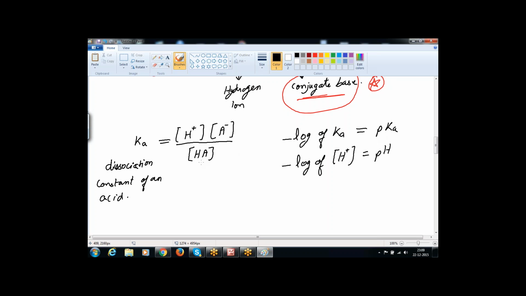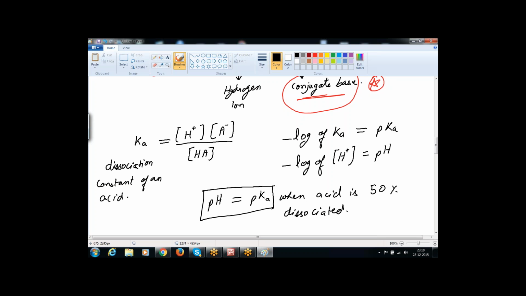Now, the only thing you have to know here is that pH becomes equal to pKa when the acid is 50% dissociated. That's it. This is an exam question. They ask you, when the acid is 50% dissociated, which of these is correct?